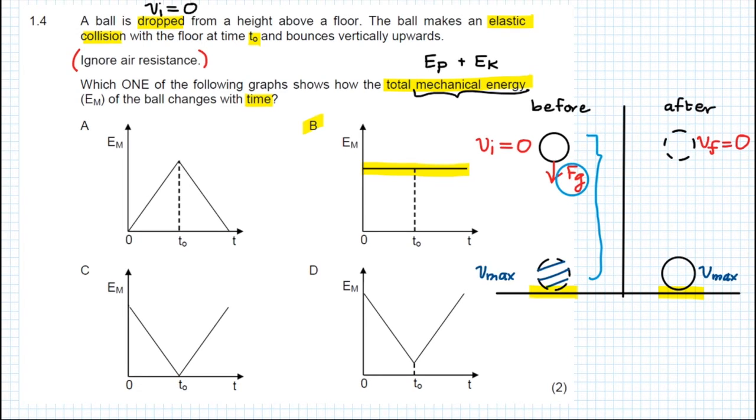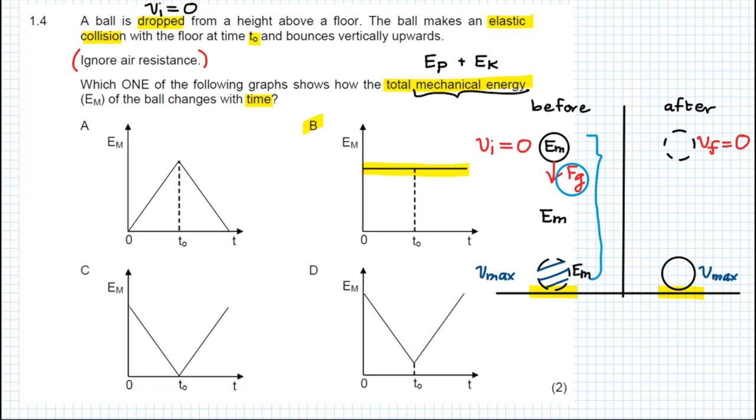So we expect that the mechanical energy right at the top is equal to the mechanical energy anywhere in between and is equal to the mechanical energy that the ball is going to have when it just reaches the ground. The ball then collides with the floor, so the net external force is no longer 0.